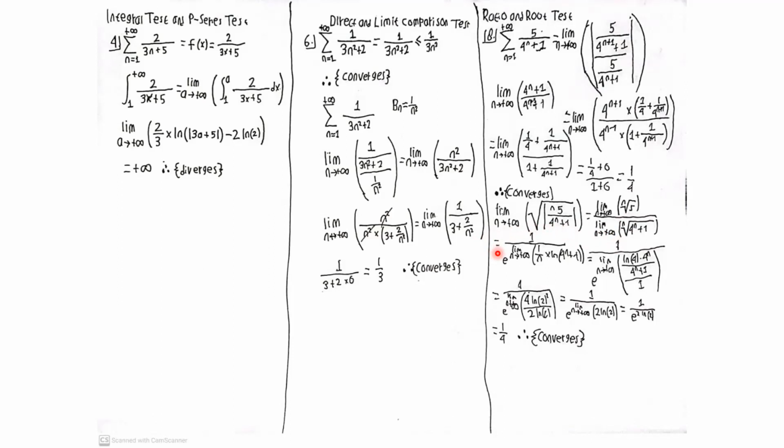So the equation will be 1 over the limit as n goes to infinity of e to the ln n over the square root of 4n plus 1. In the end we have this equation.